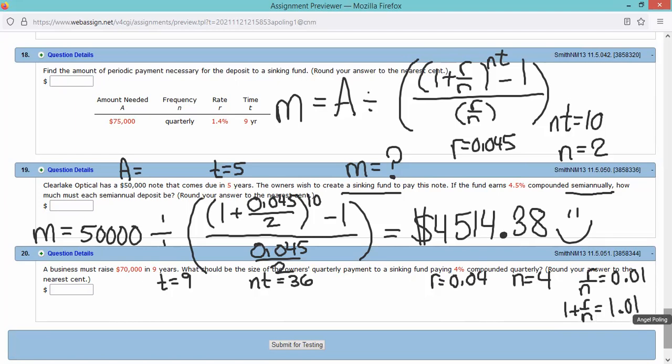So when we write our formula, we can say M equals 70,000 divided by 1.01 raised to the exponent 36. See, I like in calculator form there better.